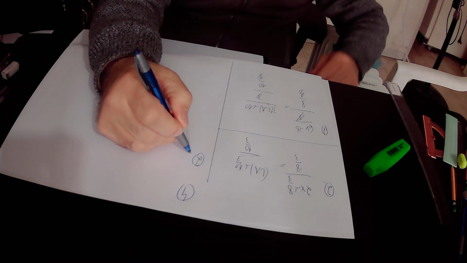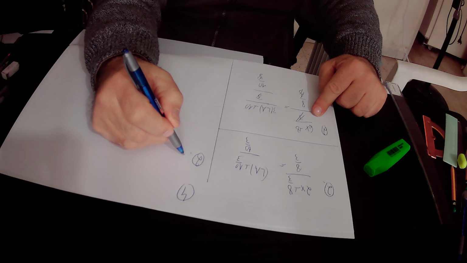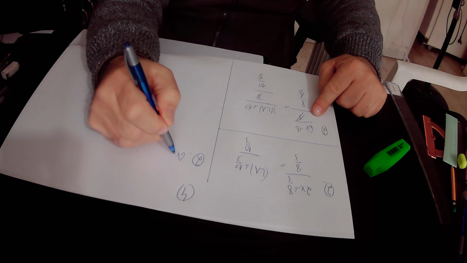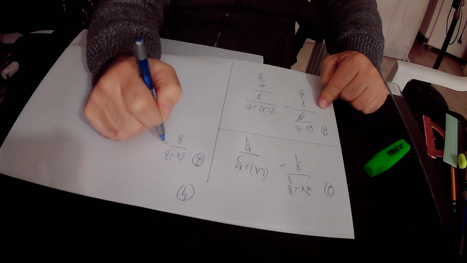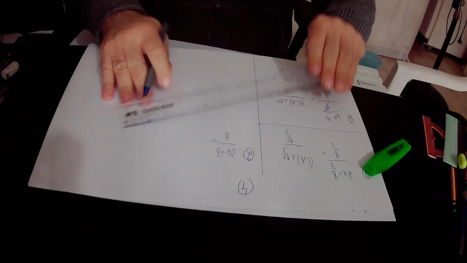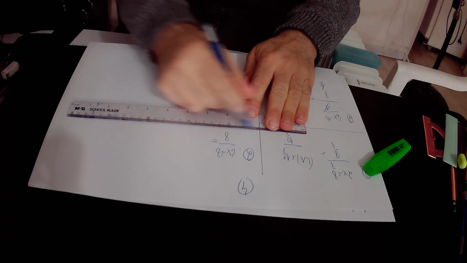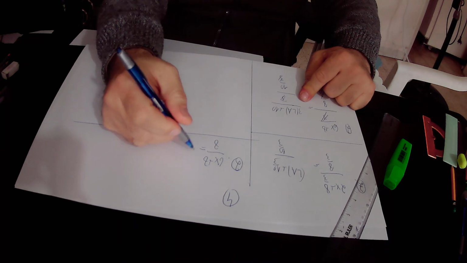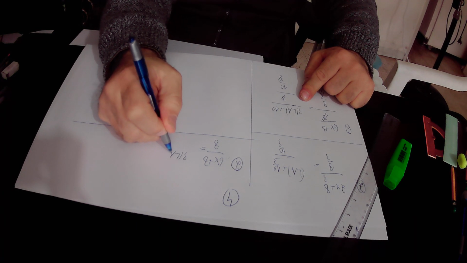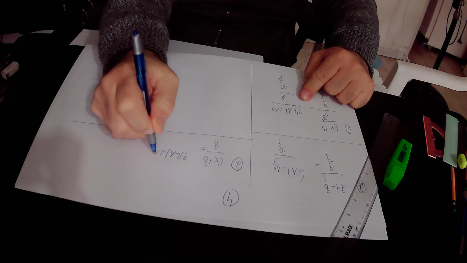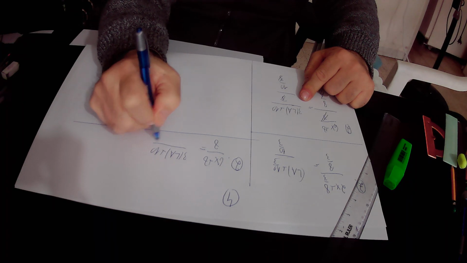Actually, on this side of the equation, we are left only with 6x plus 8 over 8, and it equals, on the other side of the equation, we are left only with 3LA plus 10 over 10.